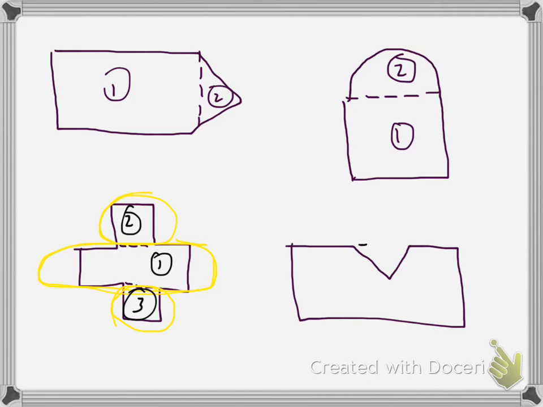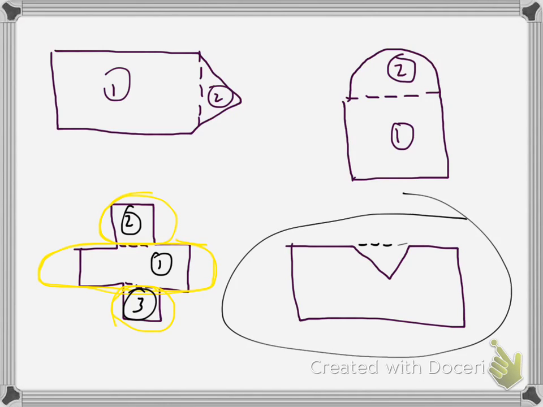For this one, I would draw my dotted line here, and I would see this as one large rectangle right here that's missing a triangle part. So to solve this one, I would figure out the area of the whole rectangle, then I would figure out the area of that little triangle part, and I would subtract the area of the triangle from the area of the whole rectangle, and that would give me the area of just this part.